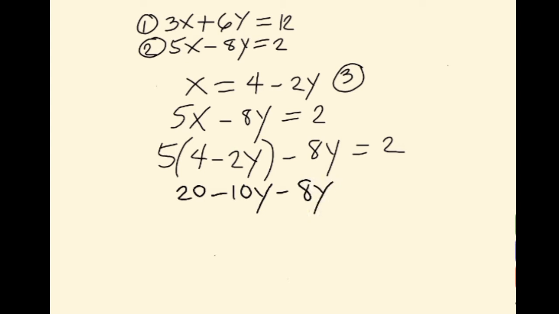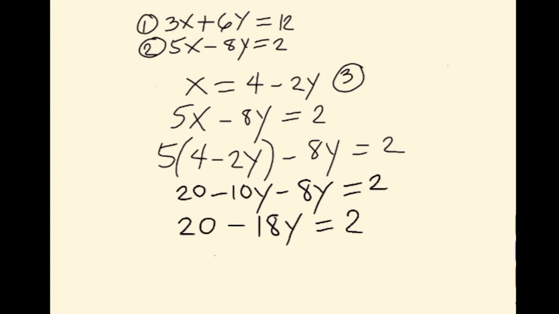Then we will just copy the remaining terms in the expression. Okay, this is now our equation. Now we can merge together the terms with variable y. So minus 10y and minus 8y will become minus 18y. So we have 20 minus 18y equal to 2.